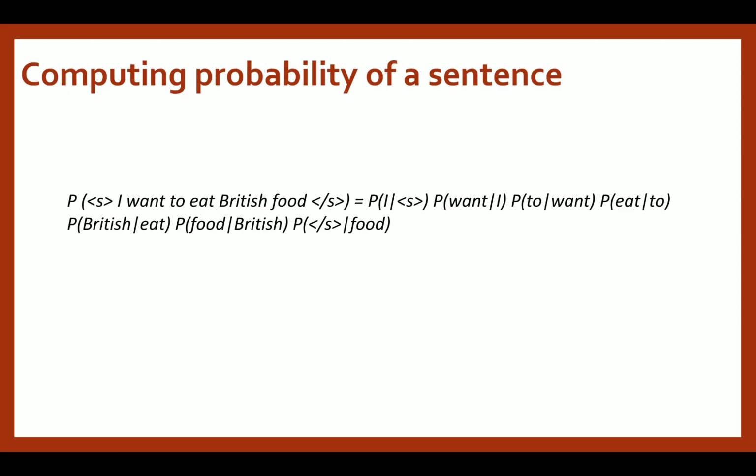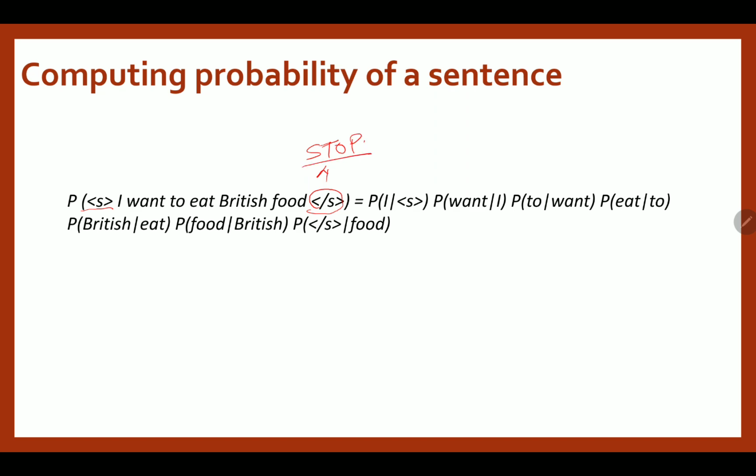And if you want to compute the probability of the sentence I want to eat British food, since this is a bigram, you have one special symbol here, and of course you remember that this corresponds to our stop symbol.